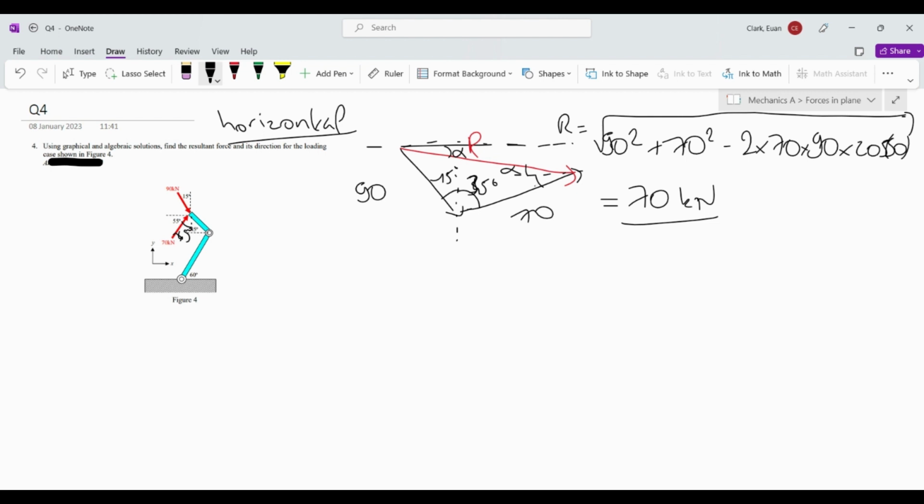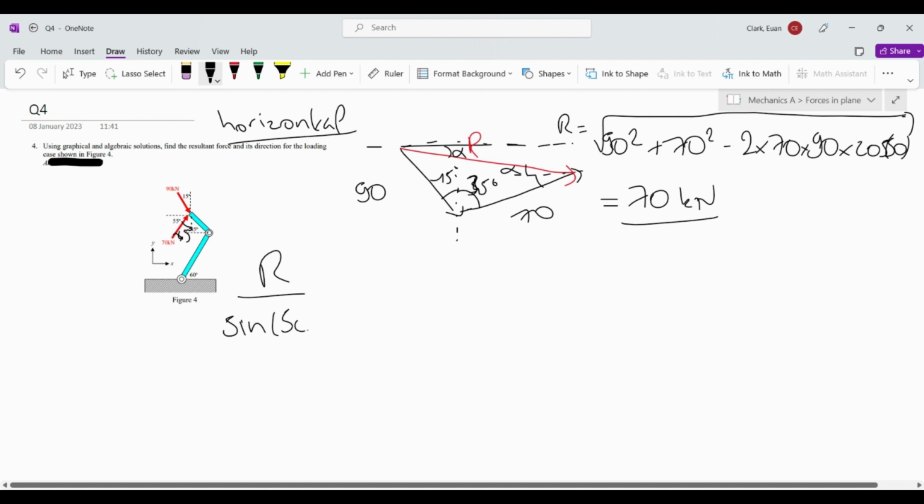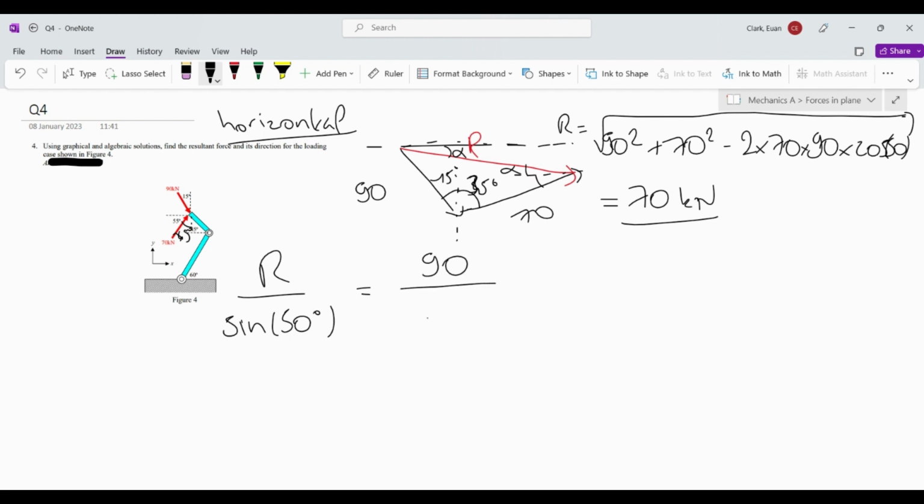Oh yes, it's 55 degrees. Right, so anyway, let me just write R over sine of 50 degrees is equal to 90 over sine 55 degrees. Sorry, this is 55 degrees.